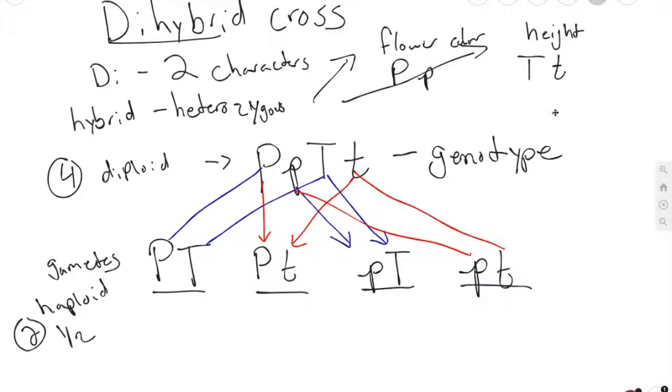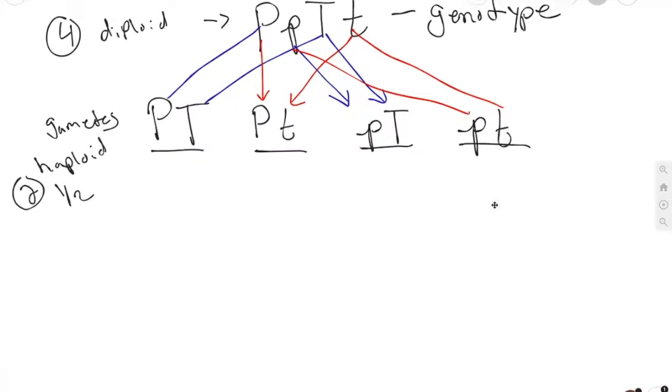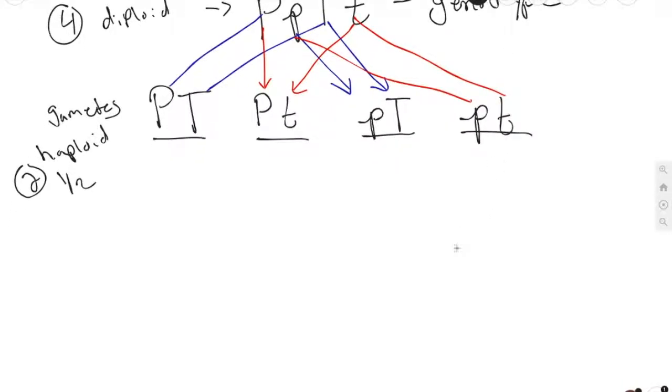So now let's draw that cross. So here's my cross. Big P, little p, big T, little t, crossed with the same individual, big P, little p, big T, little t. And each parent can make 4 possible gametes. So let's say the one on the left is female.